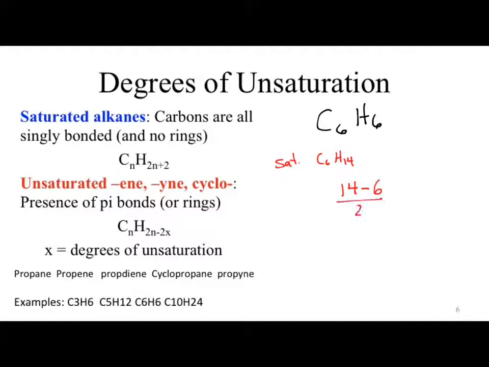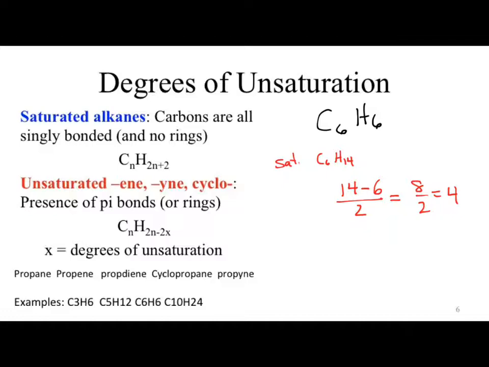We'll divide by 2, because there's 2 hydrogens per degree of unsaturation. And what do we get? That's why I'm a chemist, not a mathematician. Okay, and we get 4 degrees of unsaturation.